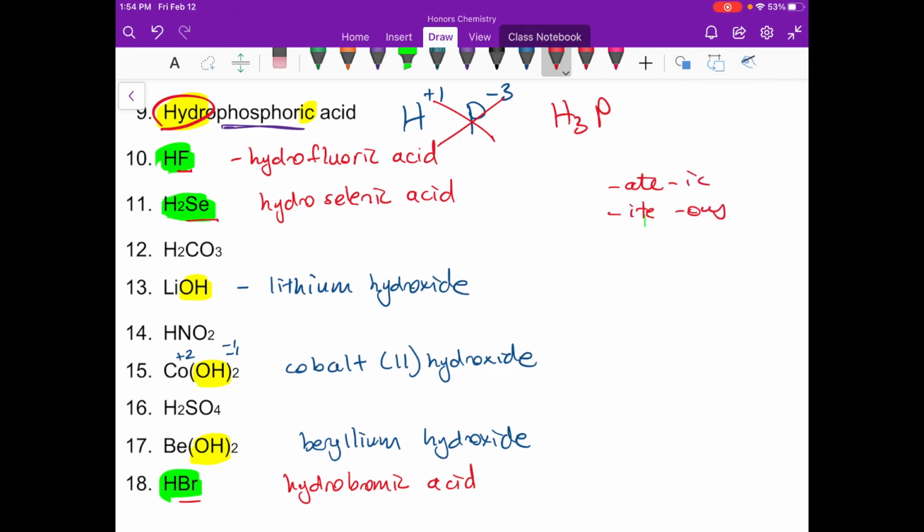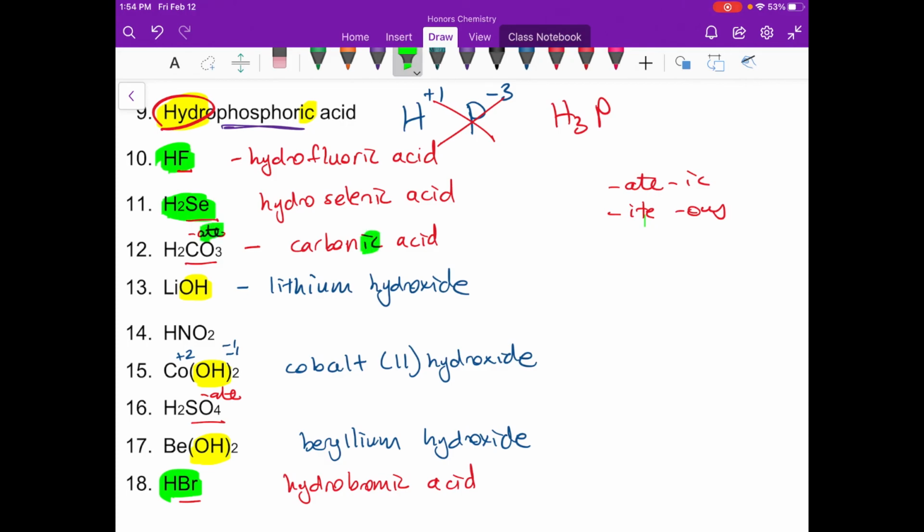Okay, now let's look for any of our polyatomics that end in ate, because she ate ick and got bronchitis. So this is carbonate and this is sulfate. These two are ate endings. So she ate ick, this is going to be carbonic acid.